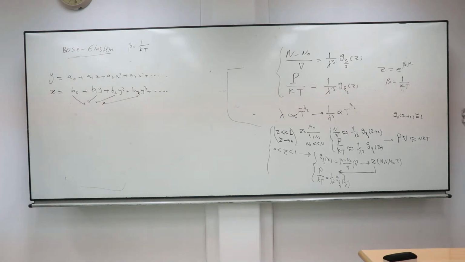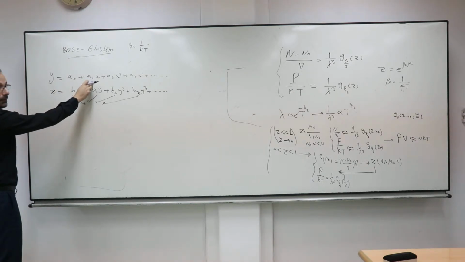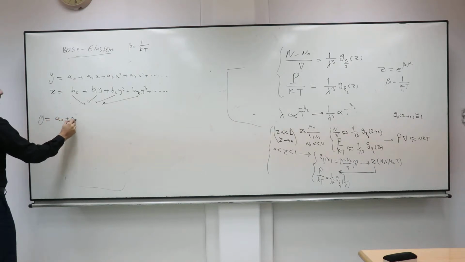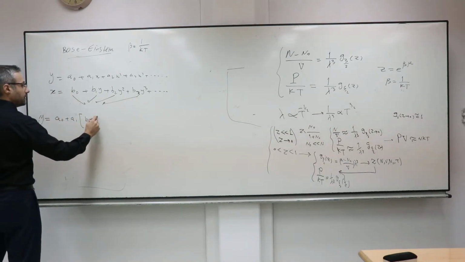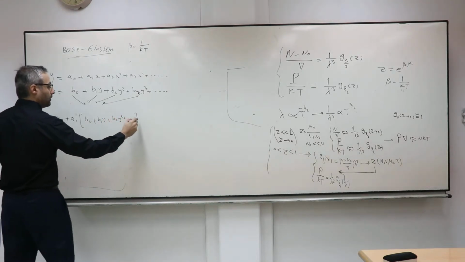How can you do that? You can take this x and put it here. y will be a0 plus a1, b0 plus b1, and so on. I don't know how many orders you want.